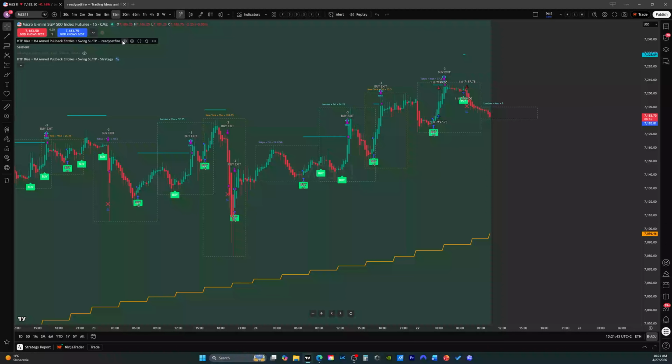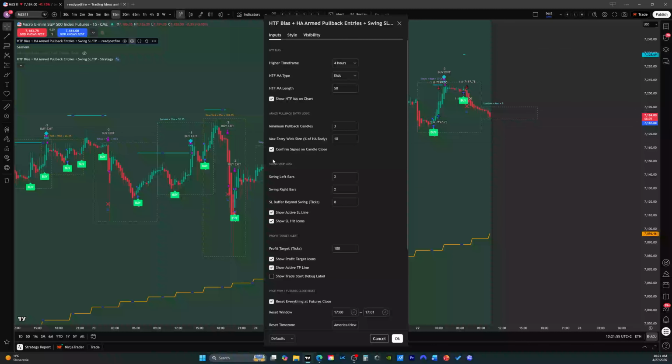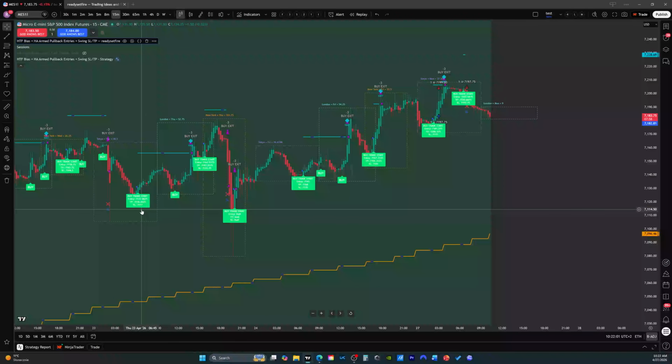I also added a reset. Before, on every entry it would reset the profit target. So now the entry is over here. I also added this show trade start debug label. When I add that, that's your original entry, and it calculates the 100 ticks or whatever profit target you have from this original entry.